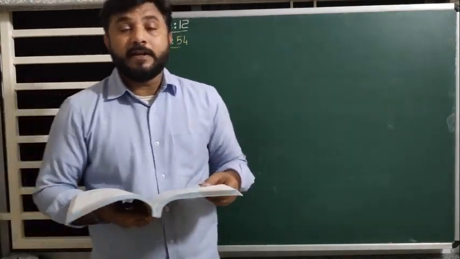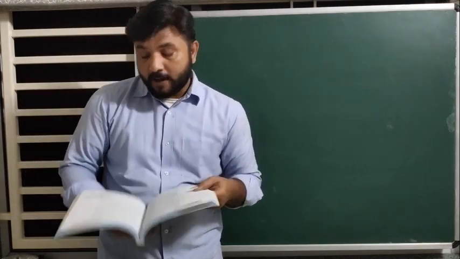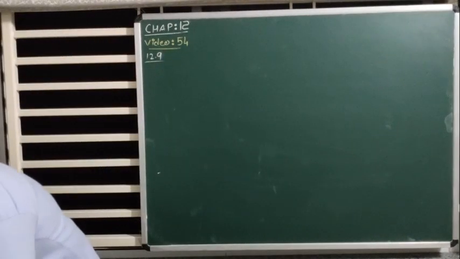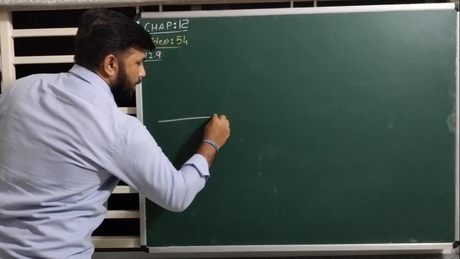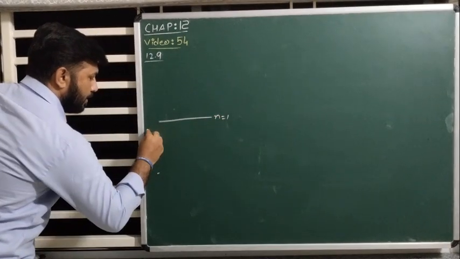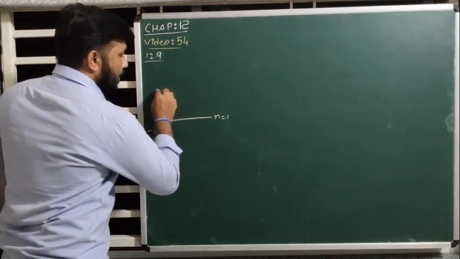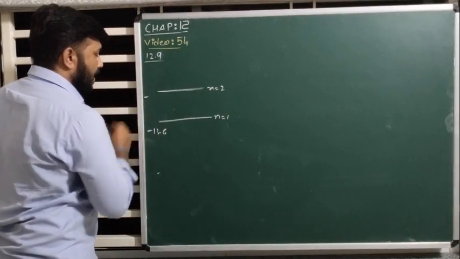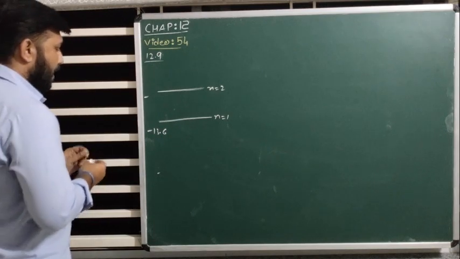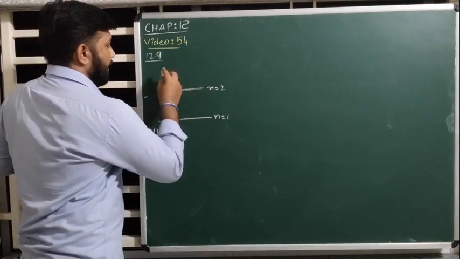See, this data is useful in that energy level diagram. Have you seen that energy level diagram? It was like this. This is the ground state, n is equal to 1, in this state minus 13.6 electron volt was the energy. n is equal to 2 is the first excited state, and the value is minus 13.6 divided by n square, that is 2 square, so it will be minus 3.4 electron volt.